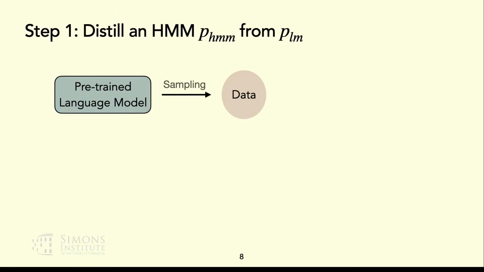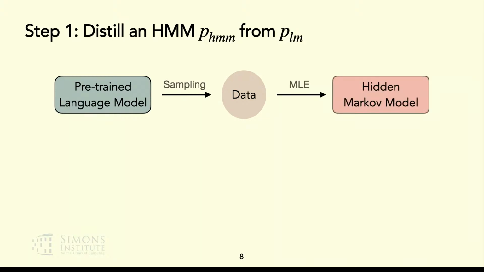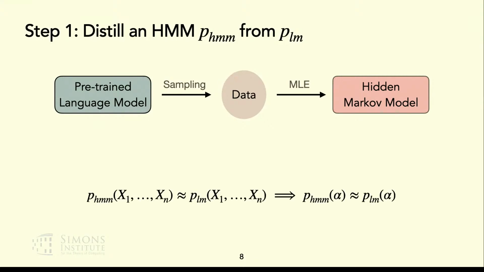We sample a lot of data from our language model unconditionally, and then we train our hidden Markov model on this data with maximum likelihood estimation, effectively minimizing the KL divergence between the two joint distributions. Our assumption is that if the joint distributions are close enough, then all of the marginal and conditional distributions are going to be similar.